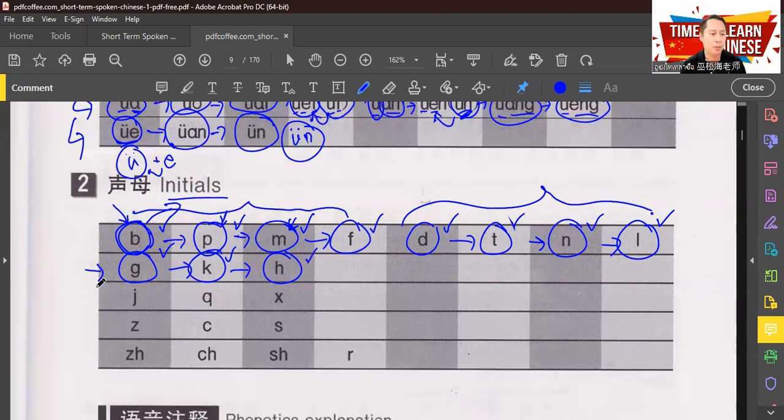Okay, we will start the third row in the second part of this. For J, right? J and Q and X. The sound is quite similar. For J, we have to make your lips and teeth like this.